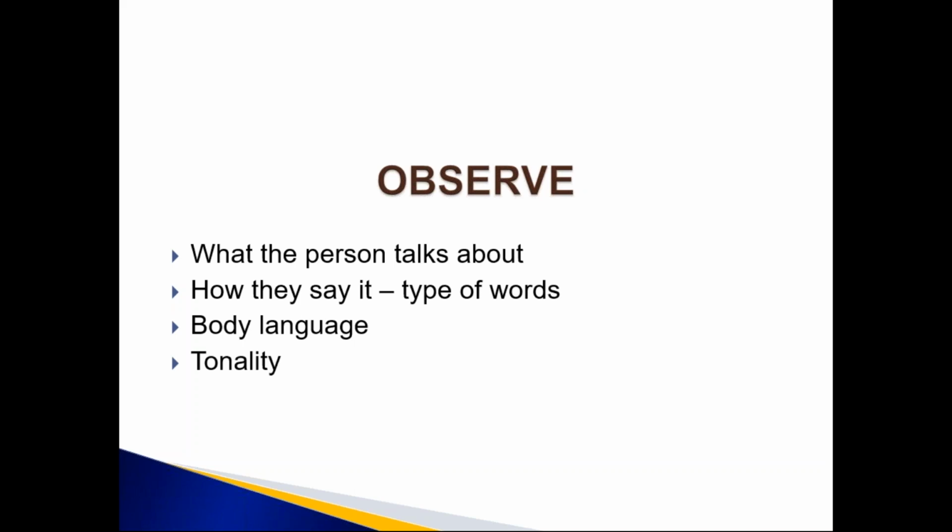Tonality. Very rarely will you see the steady relators or the cautious thinkers or correctness people raising their voice. But you will see that from the influencer and the dominants on a regular basis. So keep these 4 points in mind and then try to ask questions around it.